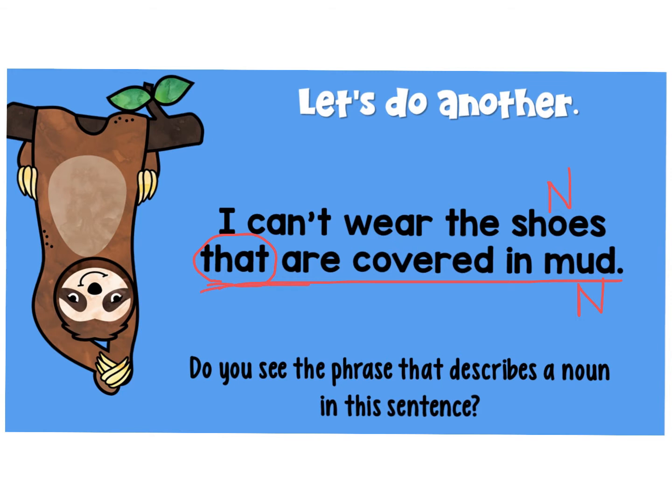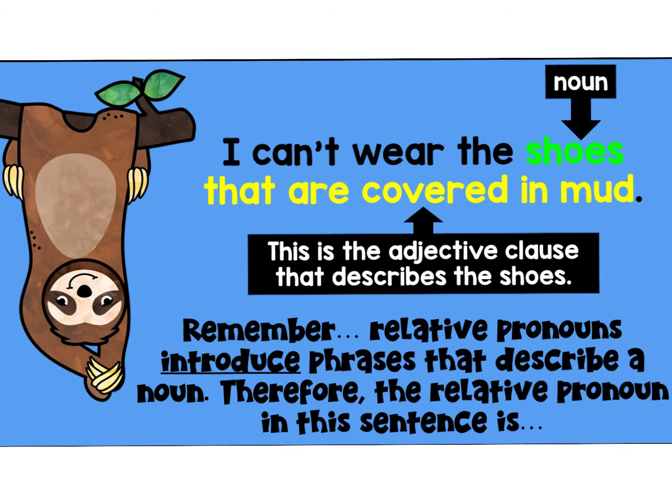Remember, our adjective clause always starts with our relative pronoun. In this case, it's that. And then it gives us more information about a noun in this sentence. One more time to review this sentence. I can't wear the shoes that are covered in mud. Shoes was the noun that our adjective clause gave us more information on. The adjective clause was that are covered in mud.